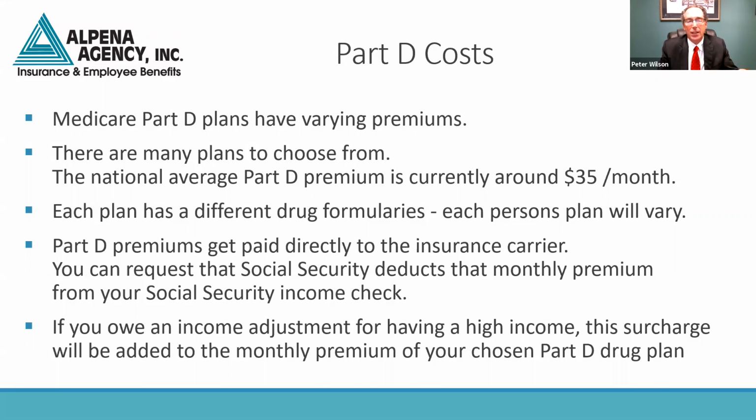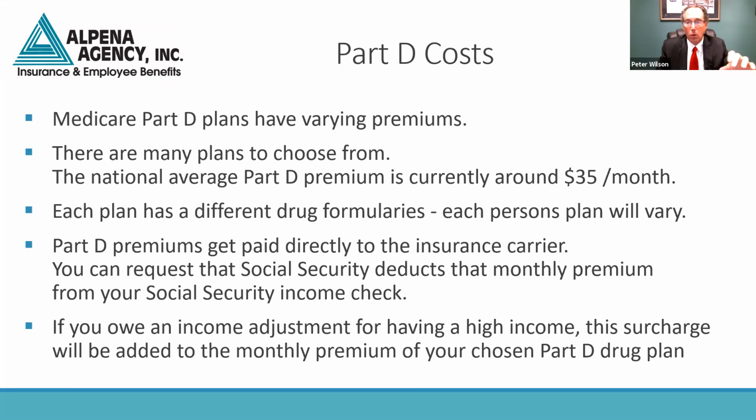And as I mentioned, each plan has different drug formularies. So for instance, you could be on a particular name brand drug, and that brand may be in one formulary for one company and a different formulary for another company. So say one company could say you have a $55 copay, another company might say you have a $100 copay, and a third company may not cover that drug at all.